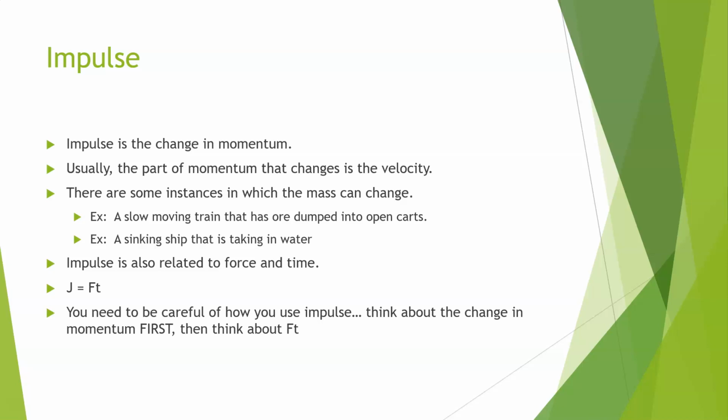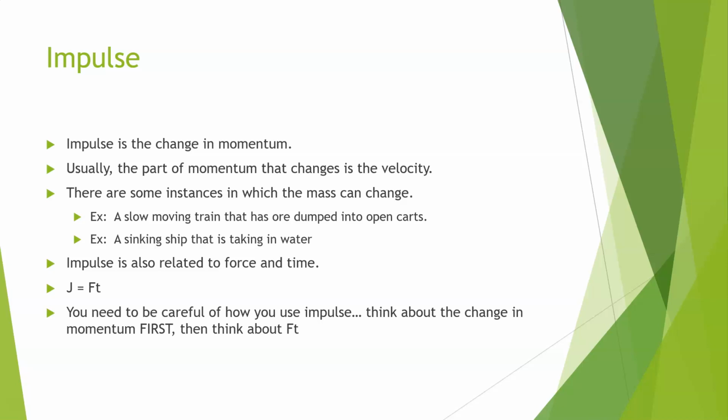I'm going to use the mass and multiply by the change in velocity. 4 to 20 is a change in velocity of 16. So when I take the 5 kilogram mass and multiply by 16, I get 80 Newton seconds of impulse. I could now say 80 Newton seconds equals force times time.